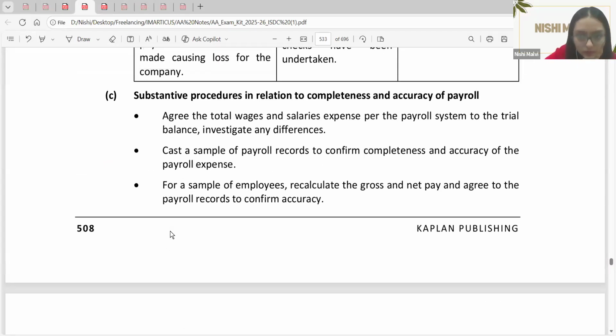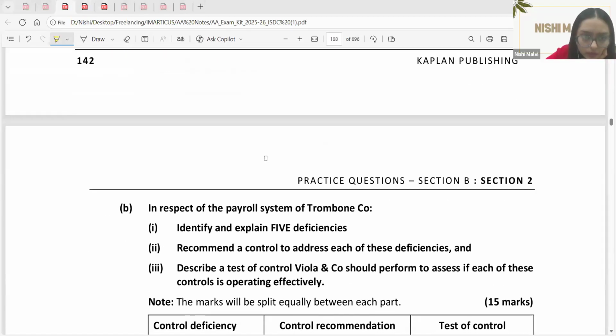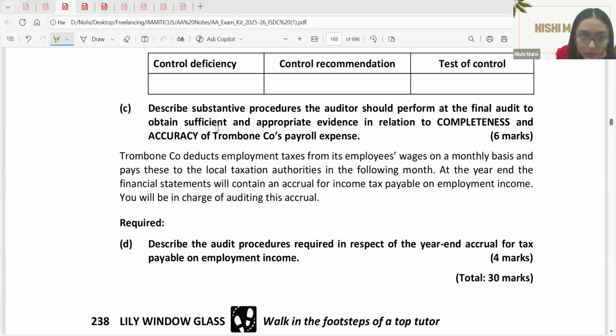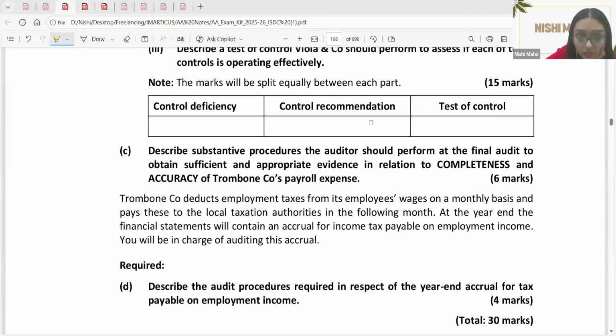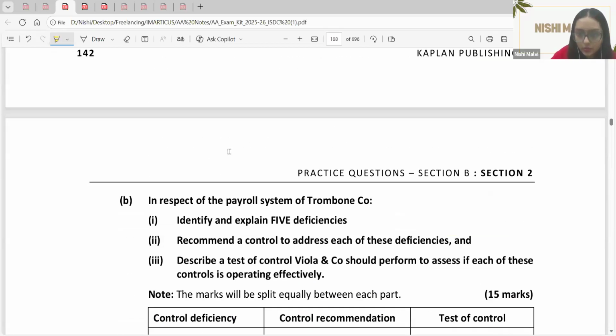All right. Identify the kind of frequency. Describe the substantive procedures the auditor should perform at the final audit to obtain sufficient appropriate audit evidence in relation to the completeness and accuracy of Trommel's payroll expense. Okay, they only want completeness and accuracy of Trommel's payroll expense, and that too only for the six months. Okay, all right, let's do this.